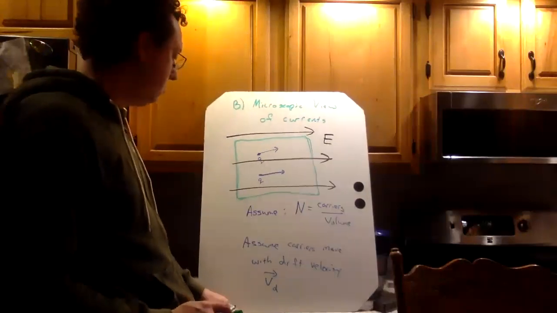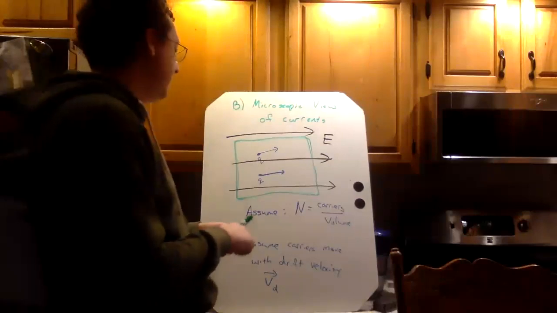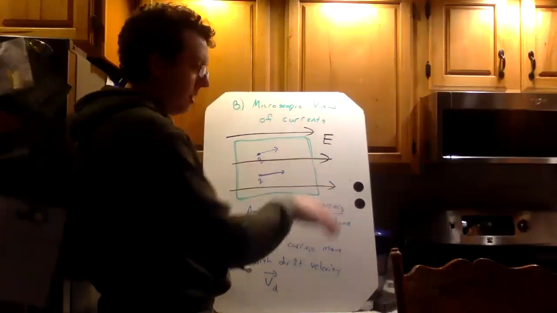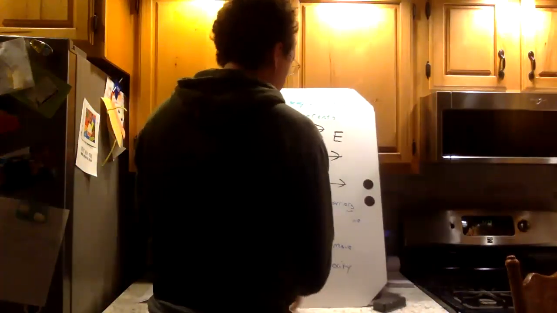Okay, so we assume that they move with a drift velocity Vd, and that would describe how fast they actually move through a wire or through a metal.